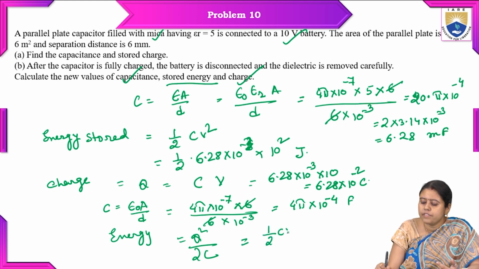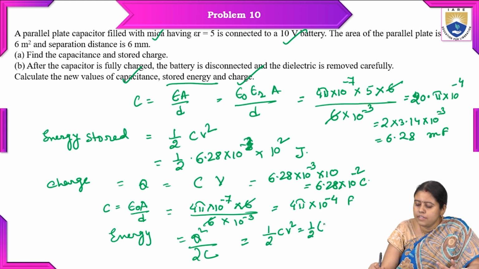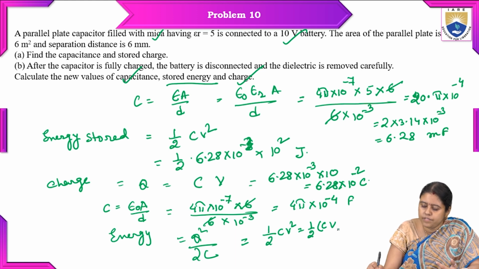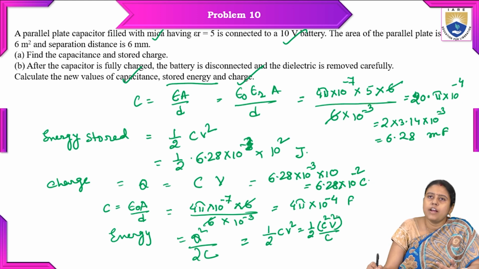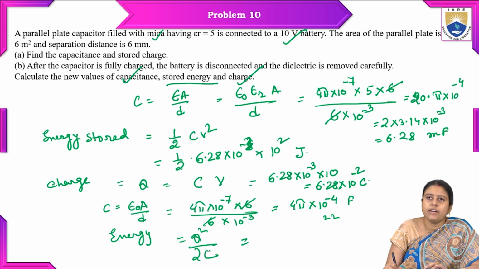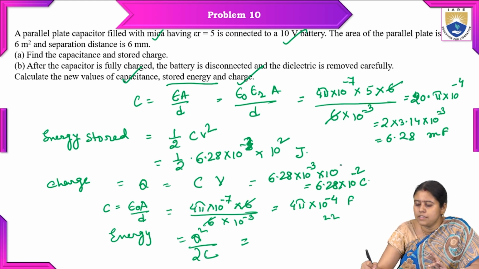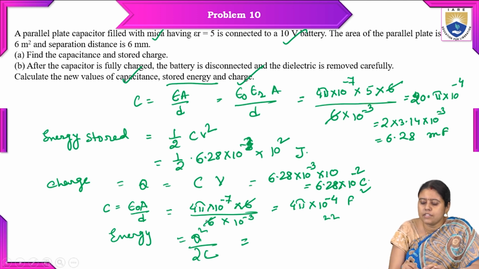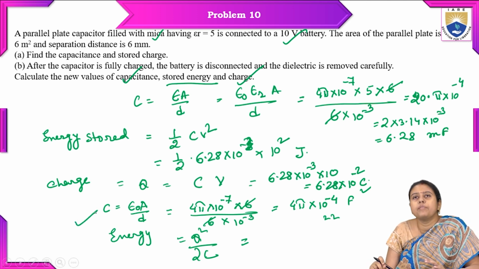Half C V square, or we can write half C square V square by C. C square V square means Q square. So we are getting half Q square by C, Q square by 2C. Q value is fixed, and the capacitance value we also got. So from there we can get the stored energy.